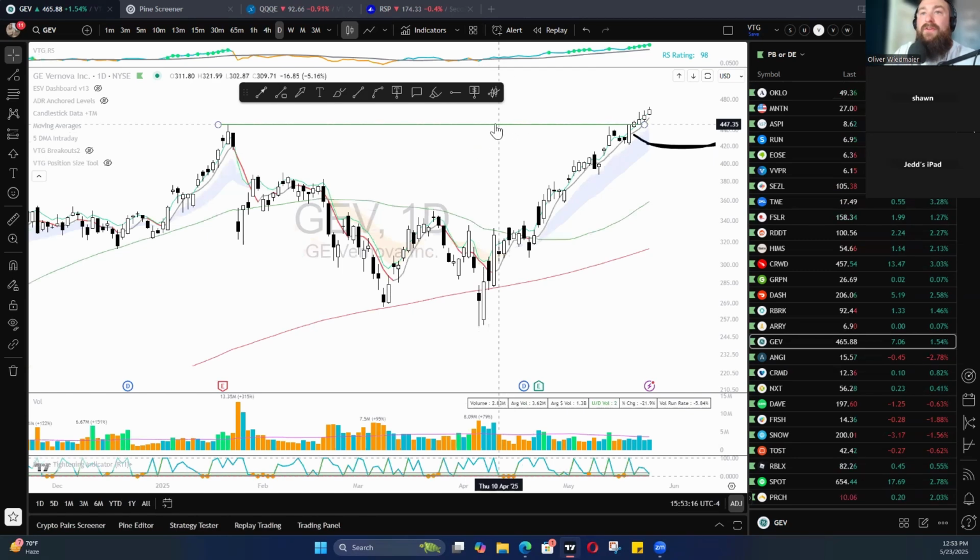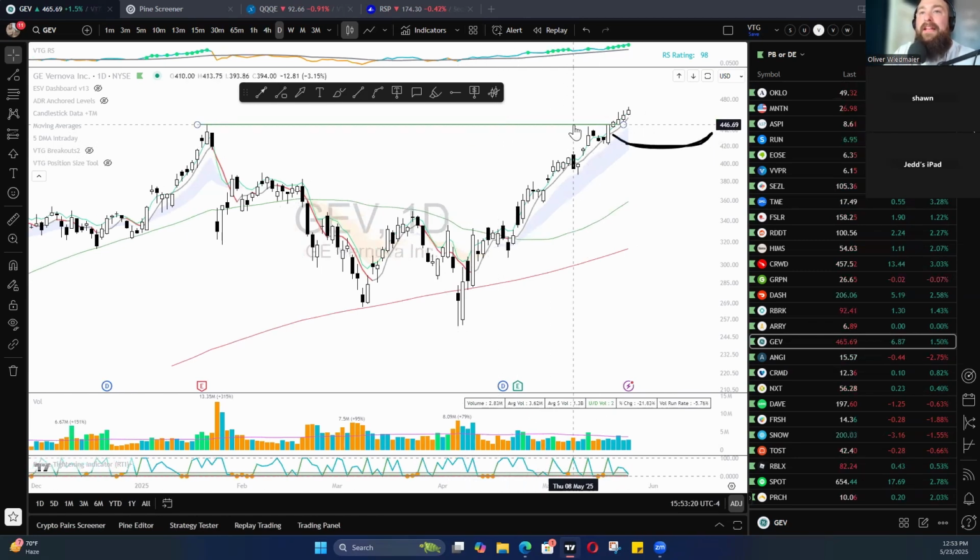Then you're not even worried about hitting this resistance up here because your entry would be so low. And that is what makes a profitable trader: low risk, high reward entries, which is what you get when you trade inside days in a really high flyer, something like GEV a few days ago.